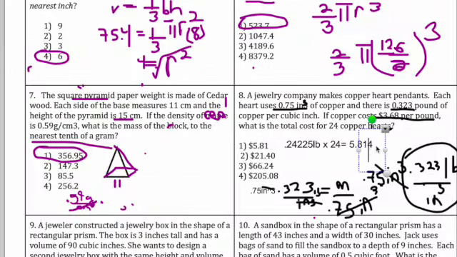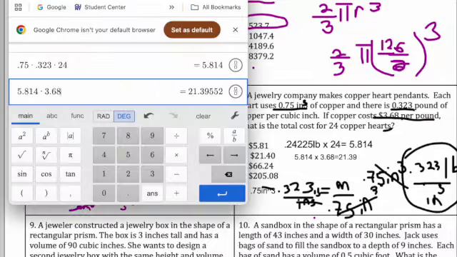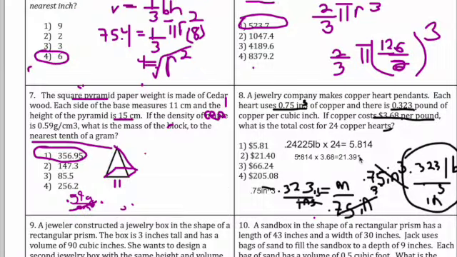So we take 5.814 and multiply it times 3.68, and we get a total of 21.39, which ends up being 21.39552.